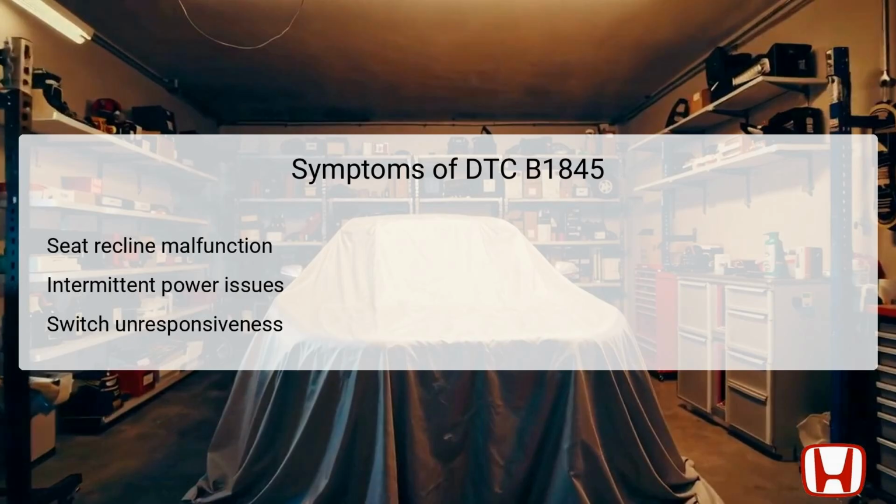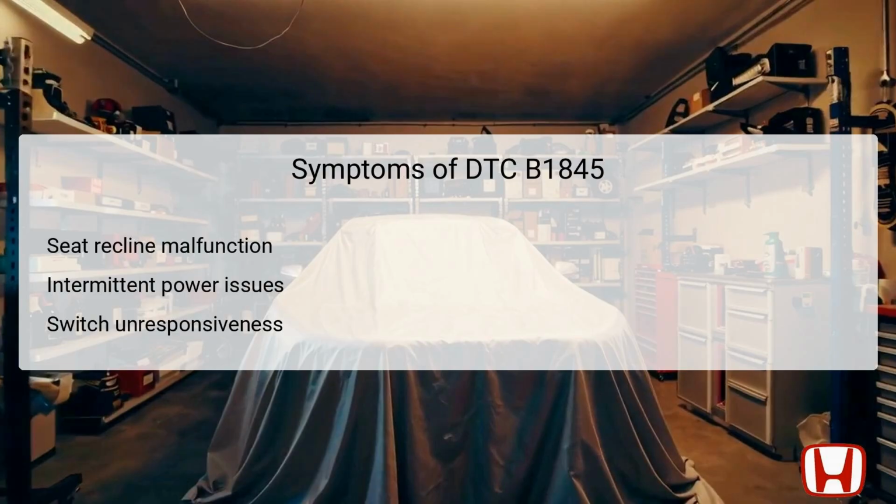When encountering DTC B1845, you may notice several symptoms indicating an issue with the power seat recline feature. The most prominent symptom is that the seat recline function may not work at all. In some cases, you might experience intermittent issues where the switch works occasionally but fails at other times.